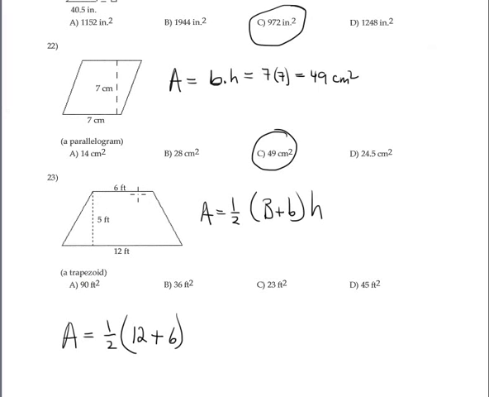They are the parallel sides of the trapezoid. Multiplication by height, which is 5. So 1/2 times 18 multiplied by 5: 18 divided by 2 is 9. 9 times 5 is 45. 45 square feet. Get the option D.